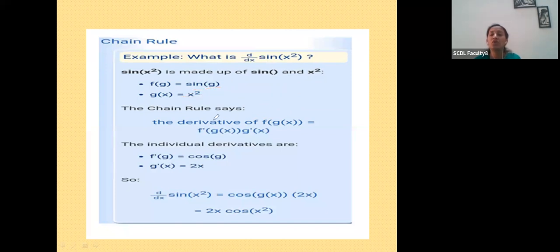So what does our chain rule say? The derivative of f of g of x is equal to f dash of g of x times g dash of x.